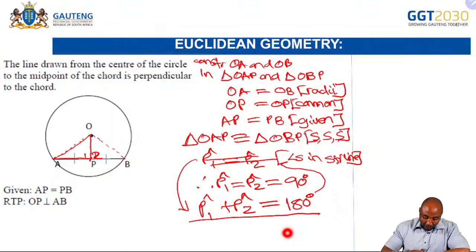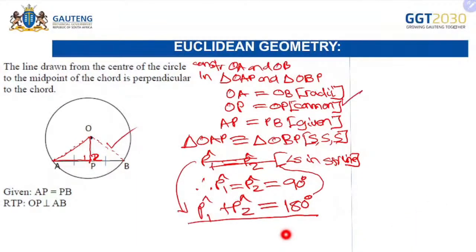The new one also, if it's 5 marks for the construction or construction statement, you get your 1 mark. The first 2 statements, you get your 2nd mark. And then the reason, you get another mark.